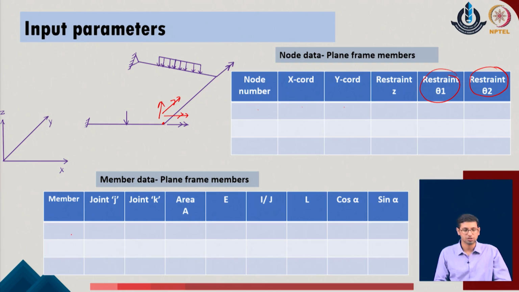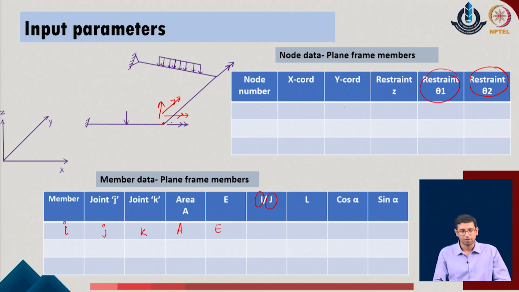When we go to the member system, we define it the same way: for any member i, what are the individual joints, say the joints j and k of the given system, what is the individual member area, then the elastic coefficients of the given member, and then we define the I and J values of the given system.